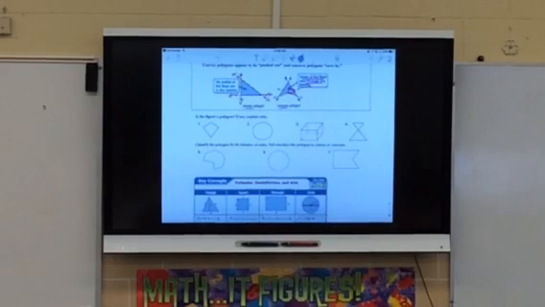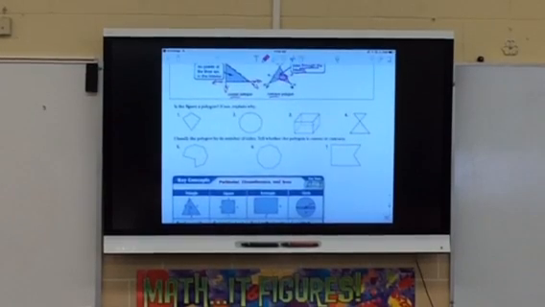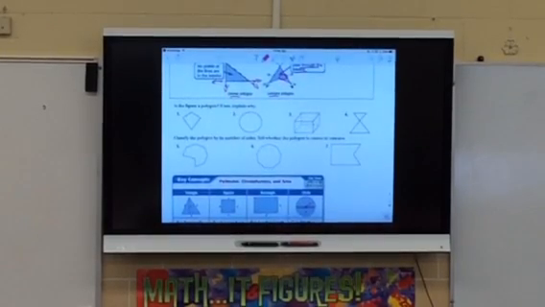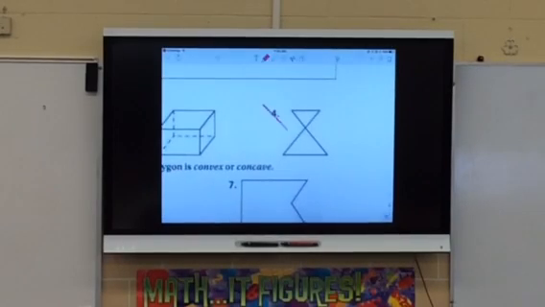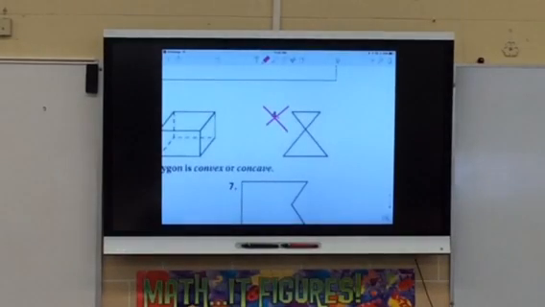Okay, for 1 through 4, which of those are not polygons? Danielle, name one that's not a polygon. Why not? Because the sides come over. Say it again, the sides what? Just because the sides come over.